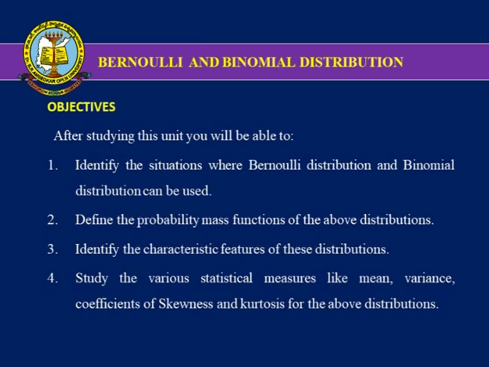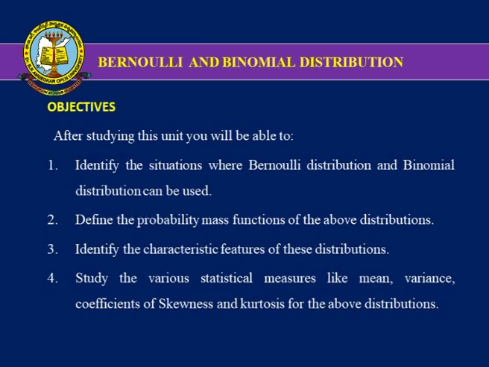So, the objectives of Bernoulli and binomial distributions are, after studying this unit, you will be able to: first, identify the situation where Bernoulli distribution and binomial distribution can be used. Second, define the probability mass function of the above two distributions, those are Bernoulli distribution and binomial distribution.